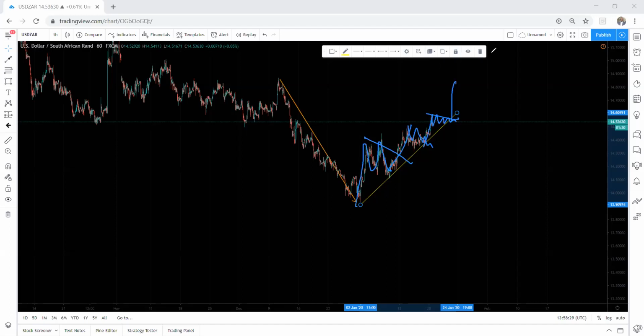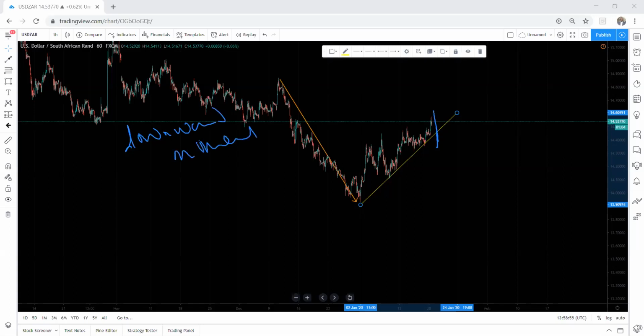So the only way that will make us able to get in without getting in at the wrong time is if and only if we can exercise patience and allow this market to break this counter trend line to the downside. If you break it to the downside, then we know that a downward momentum is available.